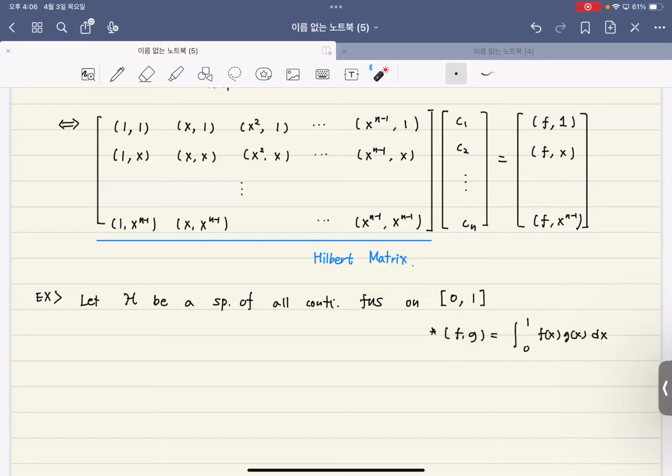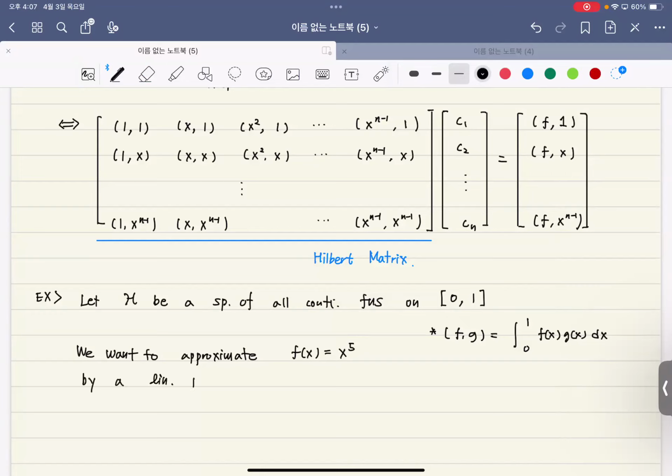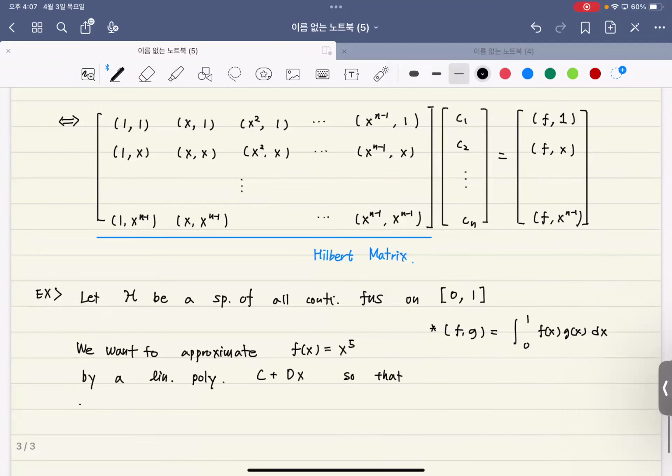Now for this inner product, approximate the function f(x) equals x to the 5th by a linear polynomial c plus dx, so that the number, the discrepancy, is minimized.